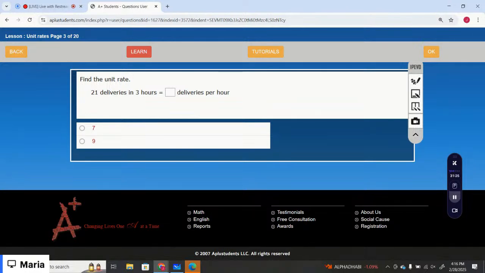Find the unit rate. 21 deliveries in 3 hours. So how many deliveries per hour?